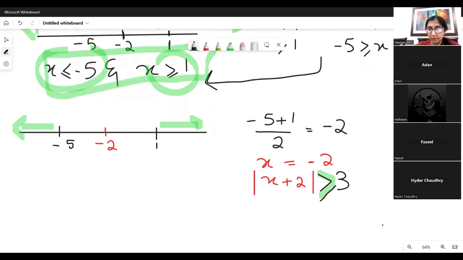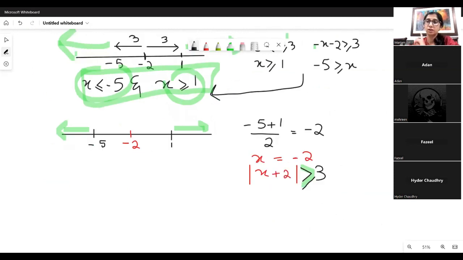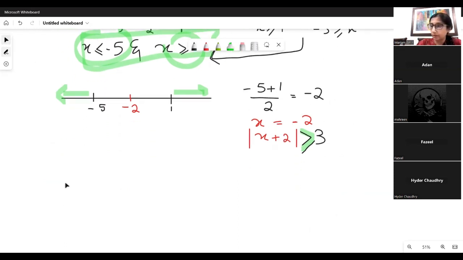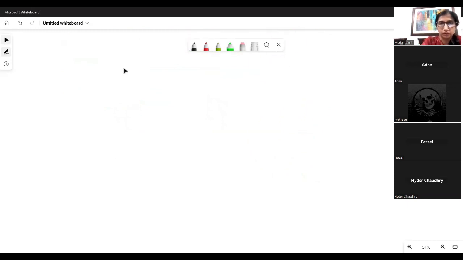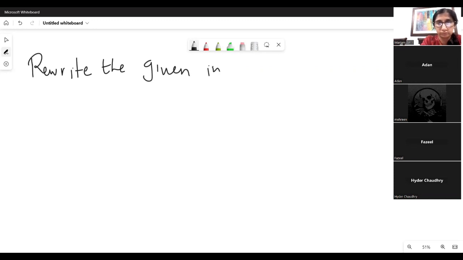Okay. Now let's directly practice converting inequality into modulus function. अभी तो हम पहले कन्वर्ट कर रहे थे और फिर उसको वापस कन्वर्ट कर रहे थे, अब डायरेक्टली हम रिक्वायर्ड क्वेश्चन पे आते हैं. ओके, क्वेश्चन इज रीराइट द गिवन inequalities using modulus notation.